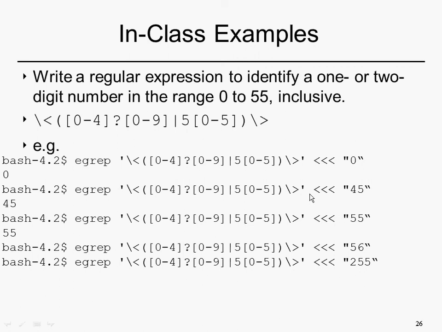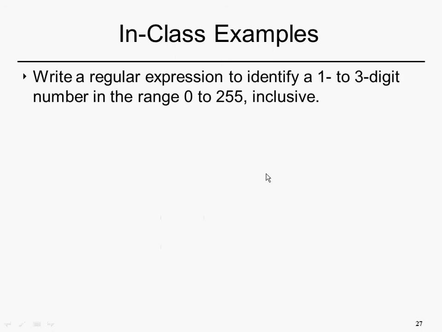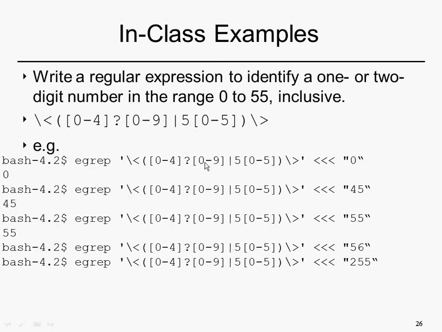So if we had 9, where would that be matched? There. If we had 19, where would that be matched? Okay, so it would be matched here and then there, right? So this is basically handling the case where we have a 2-digit number and the first digit is between 0 and 4.